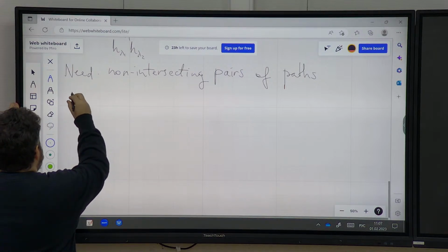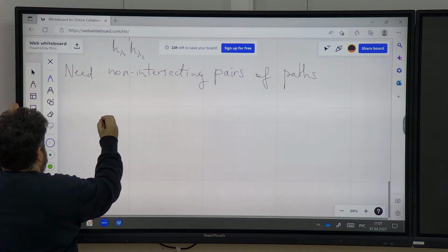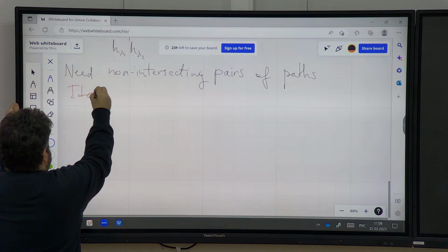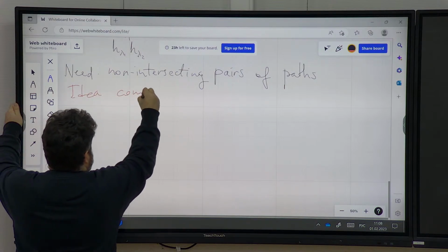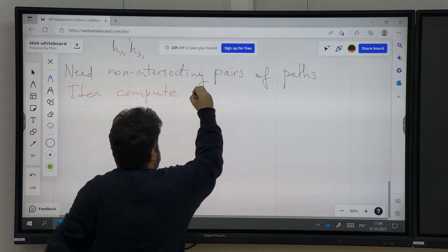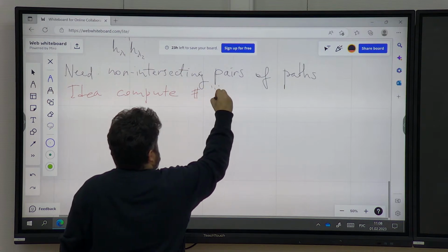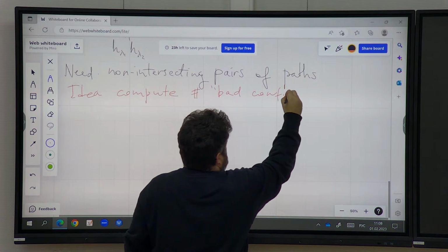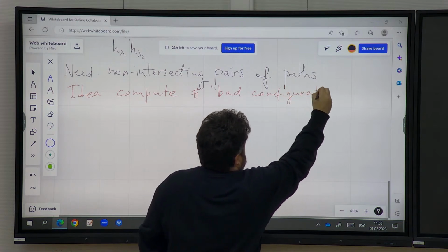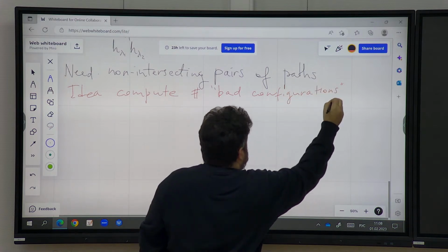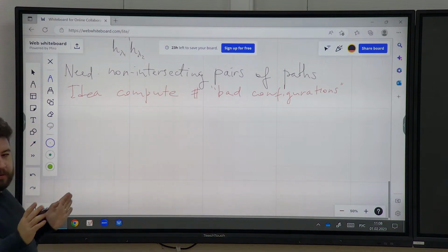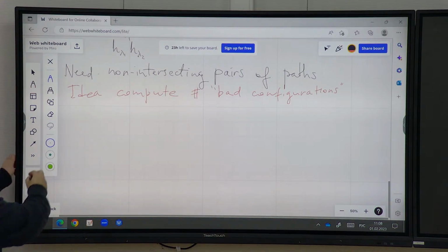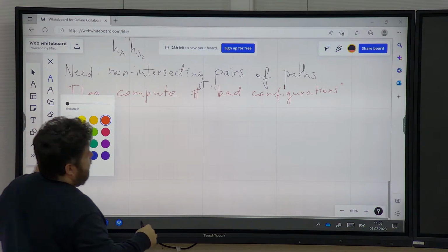So the idea is to compute the number of bad configurations. And in some cases it will be simpler, as it will be in our situation.